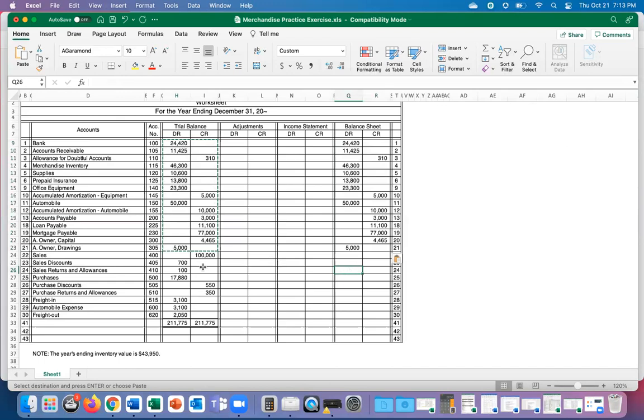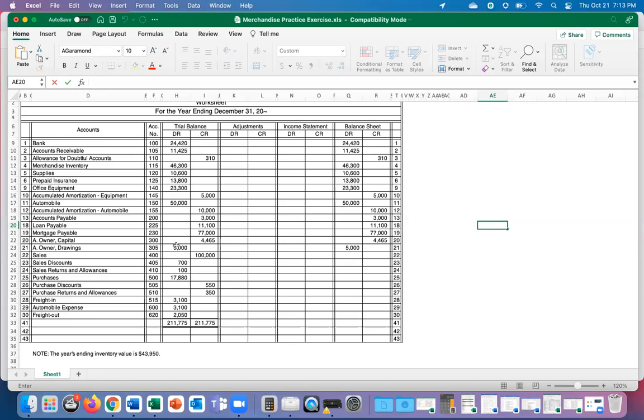And then we'll look at the rest of the totals in the trial balance. And all of those are going to go into our income statement. And remember, what's included on our income statement is expenses and revenues. Sorry, I'm drawing a blank there.